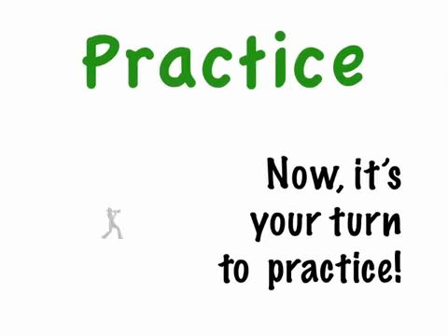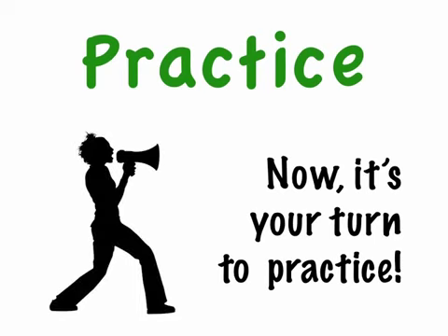Now it's your turn to practice some of the words we have studied in this episode. You'll hear a series of sentences with a word replaced with a beep. Repeat the whole sentence, but say the missing word.